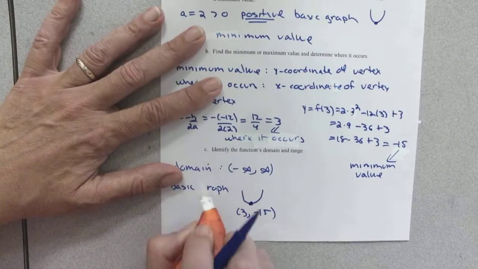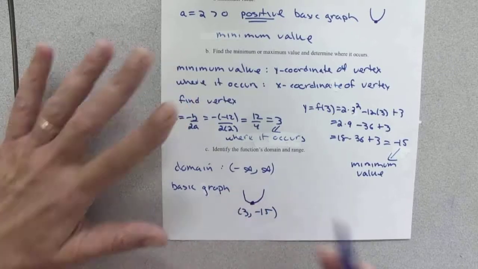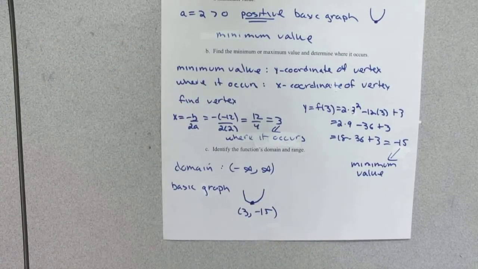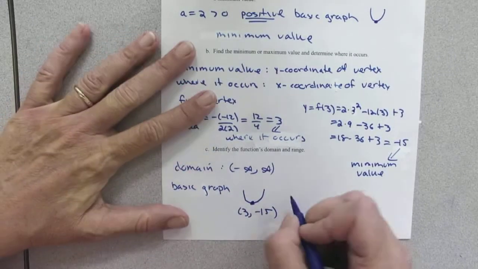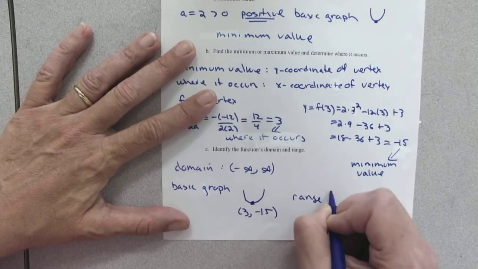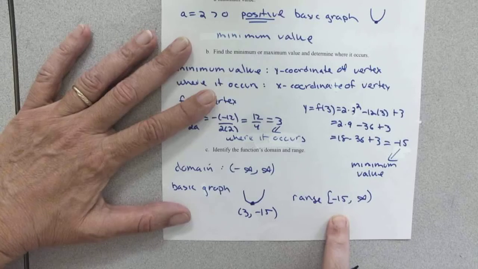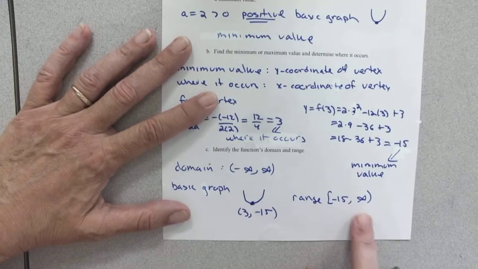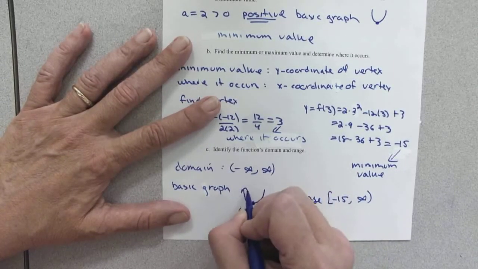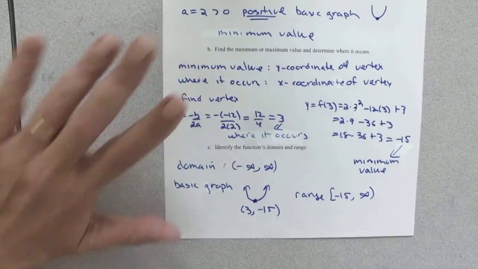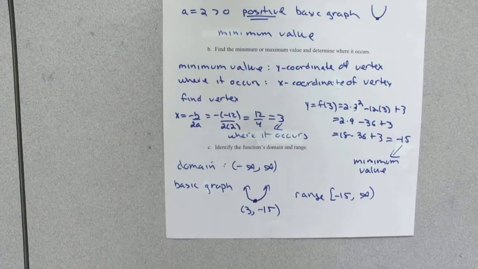We knew it was a parabola that opens up. Then we found that the vertex was 3, negative 15. So my range will be negative 15 to infinity. My lowest point, my lowest y-coordinate, to my highest, but it goes up forever. And so there's my range. And again, this could be checked by graphing it.